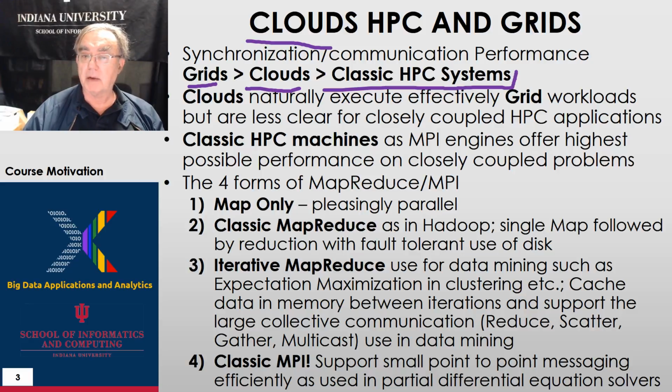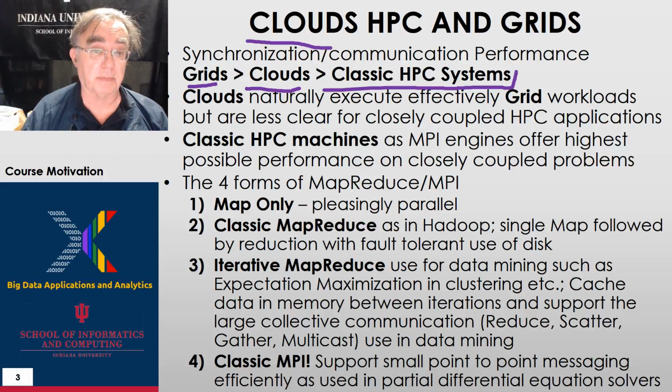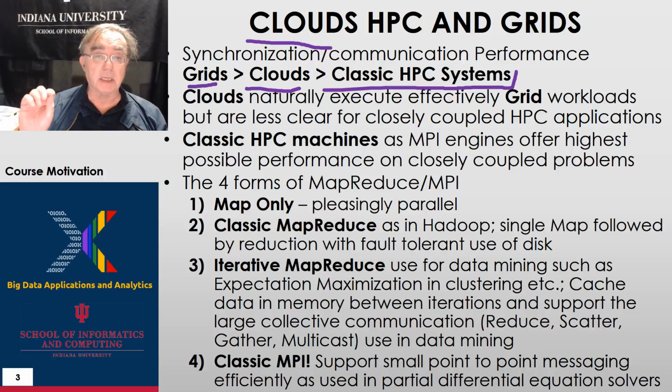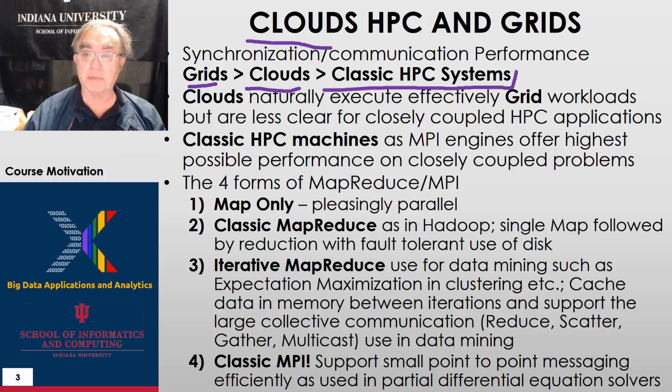They may or may not be distributed, but in any case, the virtualization that they tend to use, whether or not they use hypervisors, makes it difficult to keep nodes together. And remember that keeping nodes next to each other is key in high-performance computing. To get good performance, you exploit the locality of the system.